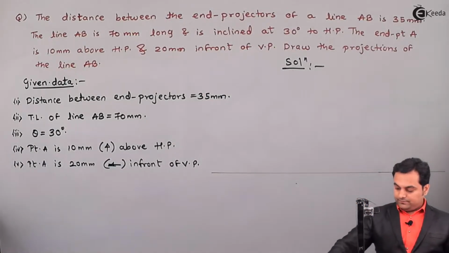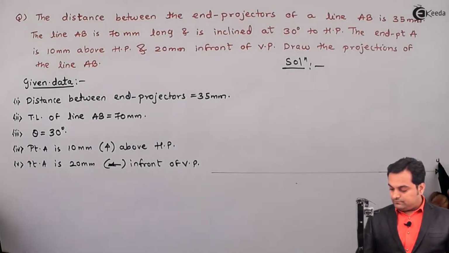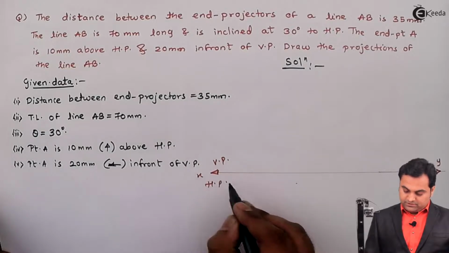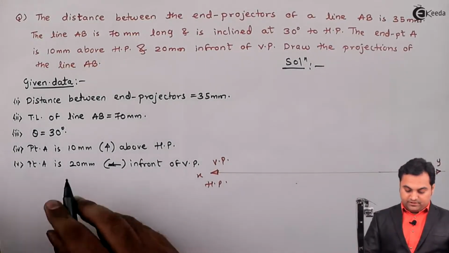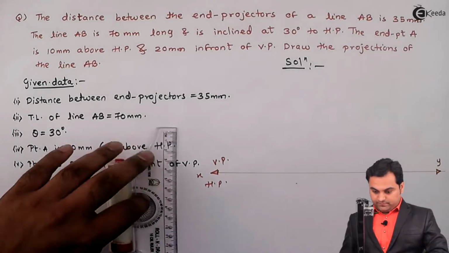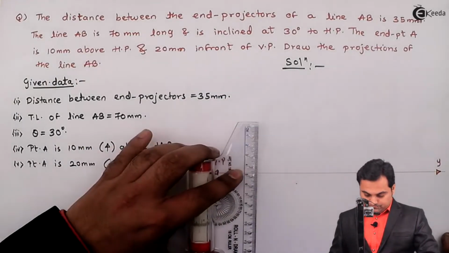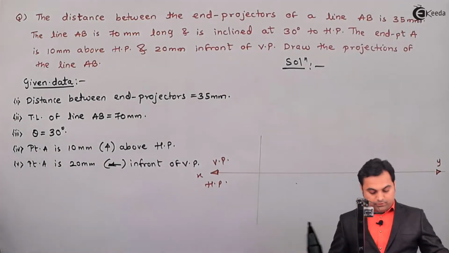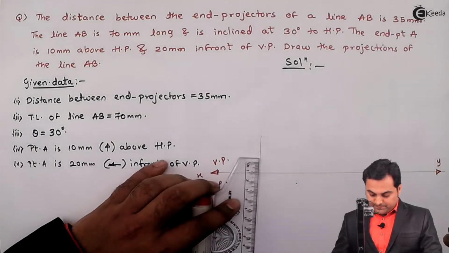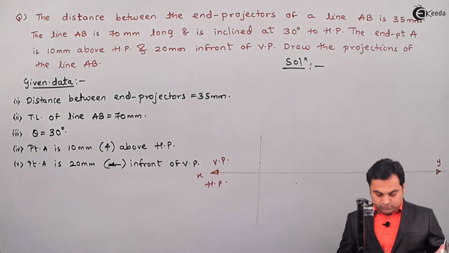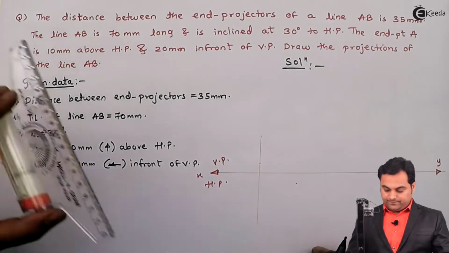drawing a light line. Next, they have given something about point A. So these distances, I'll note it down here. Point A is 10 mm above HP, 20 mm in front of VP.